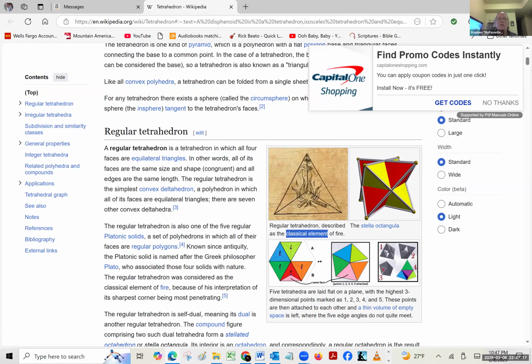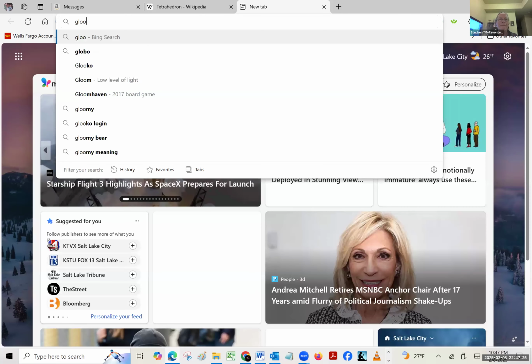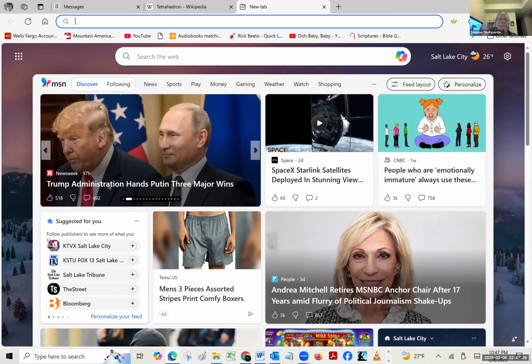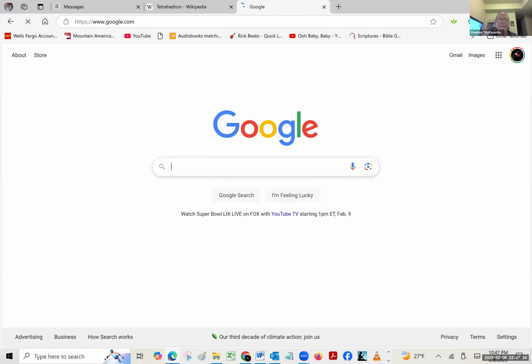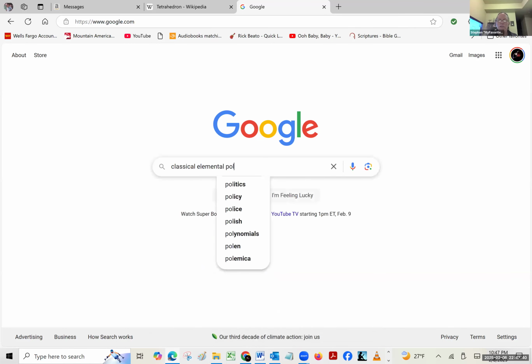Yeah, so let's go into Google and put in here classical elemental polygons.